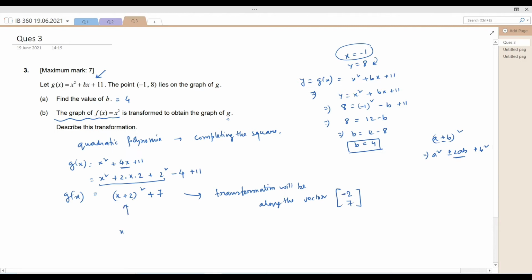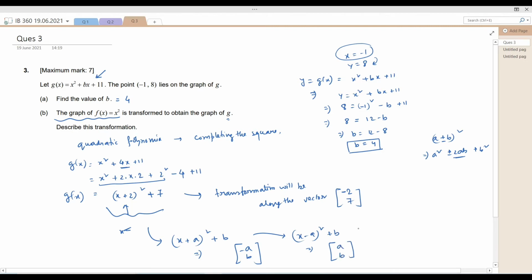If the general form is x plus a whole square plus b, then the vector will be (-a, b). And if it is x minus a whole square plus b, then the vector will be (a, b).